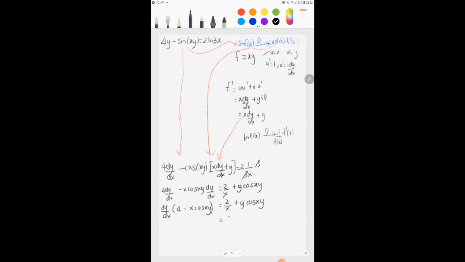So it is equal to (2 plus xy cos xy) divided by x. Therefore we get dy/dx by cross multiplying: (2 plus xy cos xy), x multiplied with (4 minus x cos xy). So this is the dy/dx for this case.